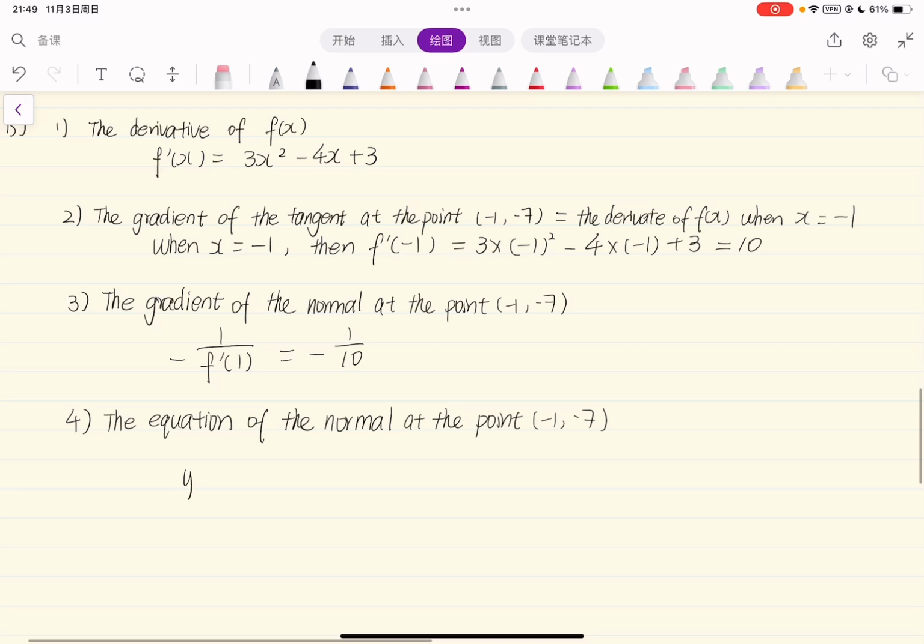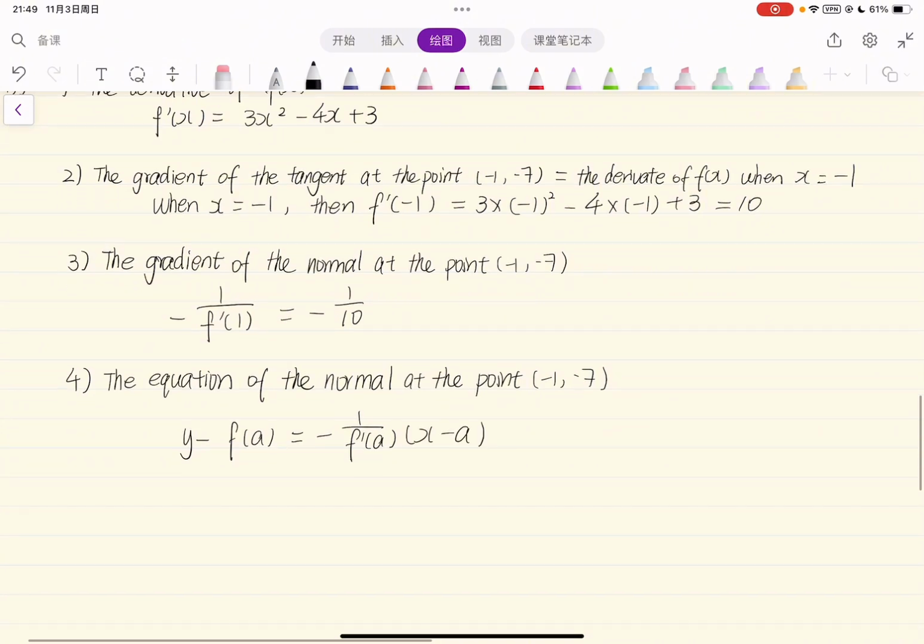In general, we have y minus f(a) equals -1 over f dash a times (x minus a). Then we substitute values, we have y plus 7 equals negative 1 over 10 times (x plus 1).